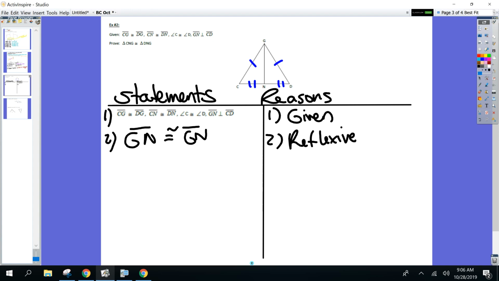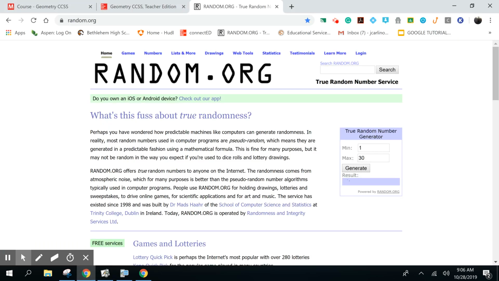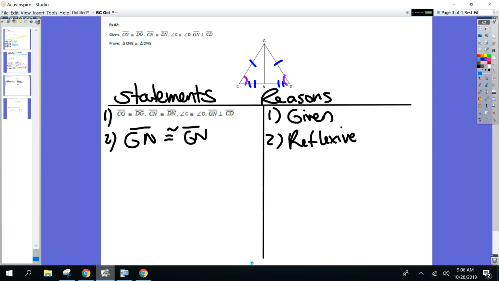And according to my givens, only one pair of angles, C and D, is taken care of. I need another pair. Need two more pairs, actually.